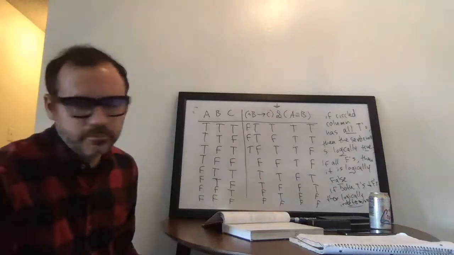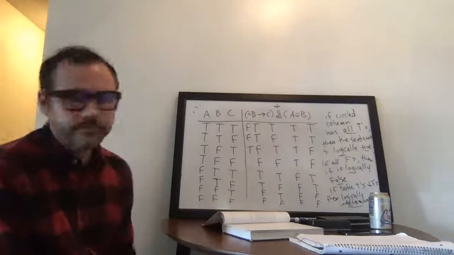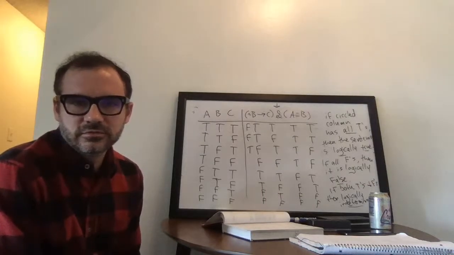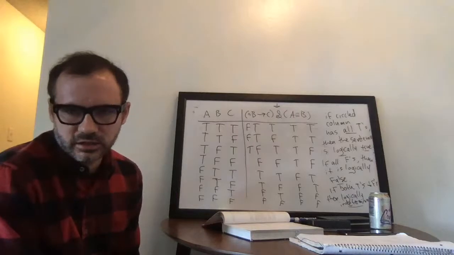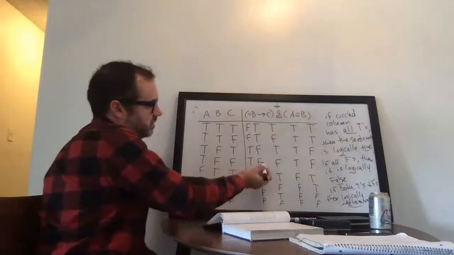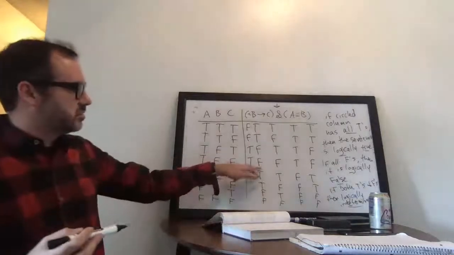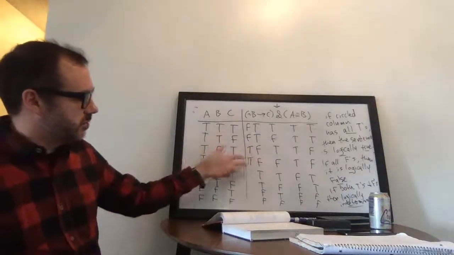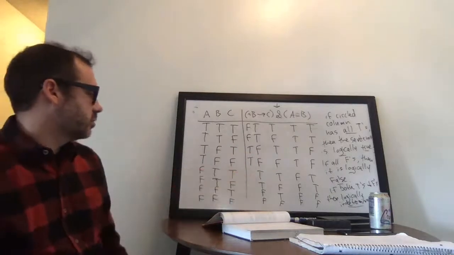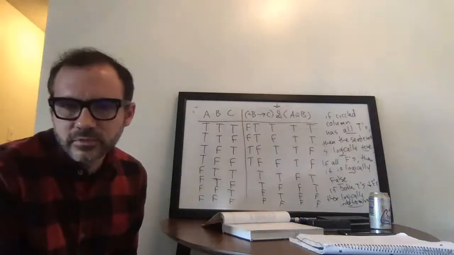So we continue. Row 4. Correct, Kalaya, yes. Row 4 is true, owing to the fact that its immediate sentential component is false. And here in this case, row 5.